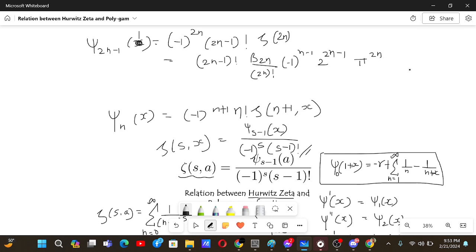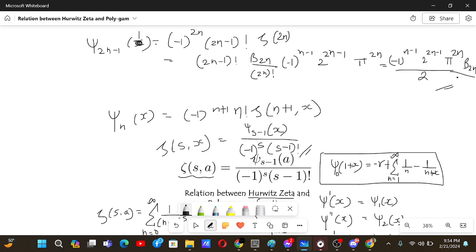Using this expression we can now get another formula, that is minus 1 to the power n minus 1, 2 to the power 2n minus 1, pi to the power 2n by 2. Okay, so I missed the Bernoulli number, also Bernoulli of 2n. Okay, so let me check if this is the formula or not.